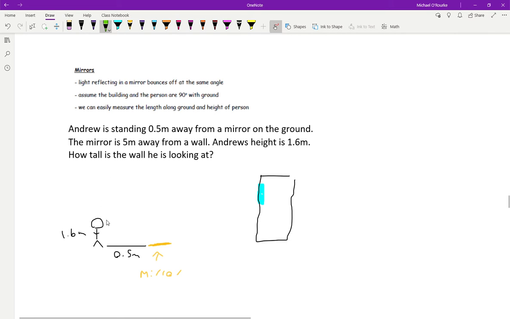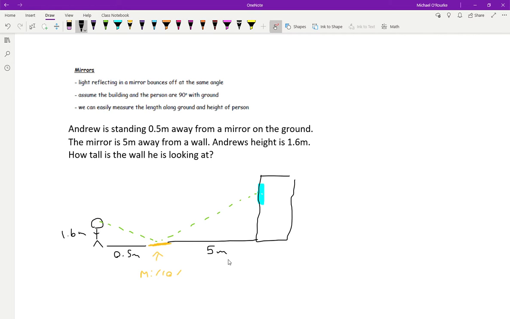Okay? If you line up a mirror on the ground and look at it, you can find out how high the window is. How far is he standing? 5 meters away from the bank.